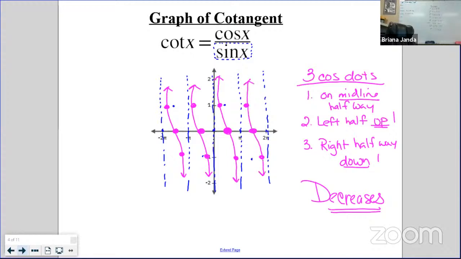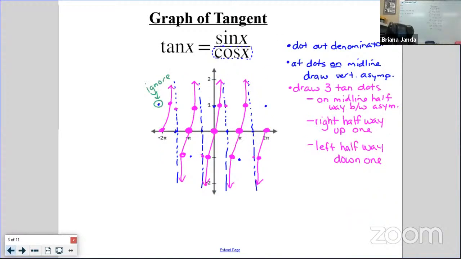Okay, so you have to put all 3 dots when you are graphing those. And again, remember the big difference between the pictures. Cotangent is going to decrease, where tangent is the one that increases between your asymptotes. Okay. Questions so far?